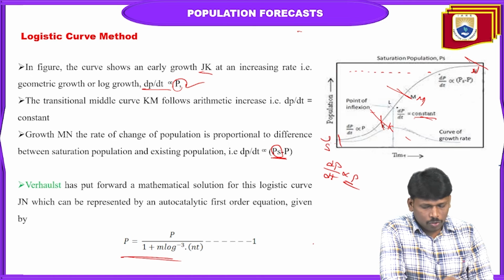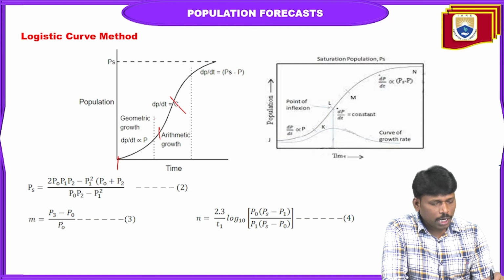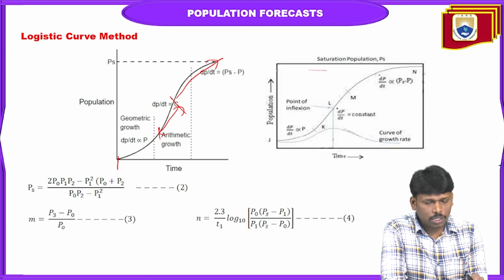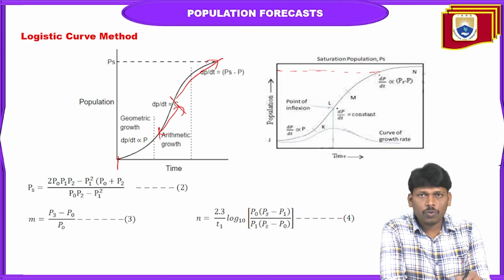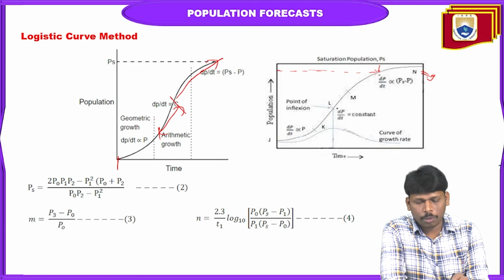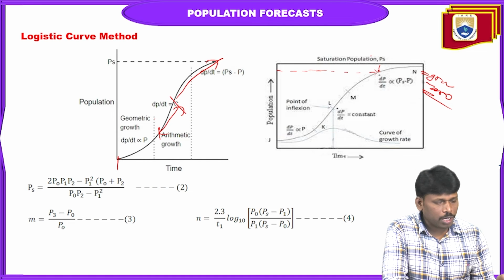As I told, initially there is rapid growth, then a transition, and then a final growth. This is the saturation point of this city. It won't accommodate people more than this, so the growth of the population has to become 0, because the city is not accommodating, as it is not planned according to the master plan method.